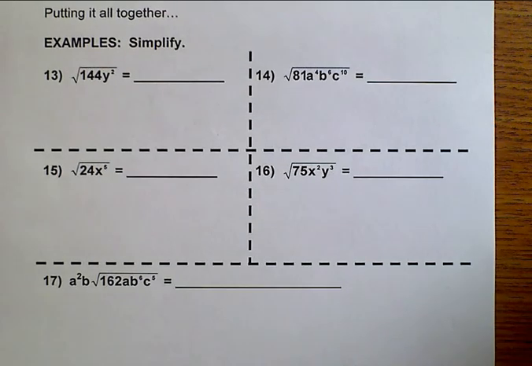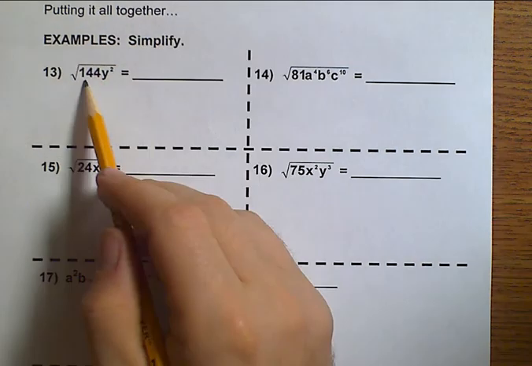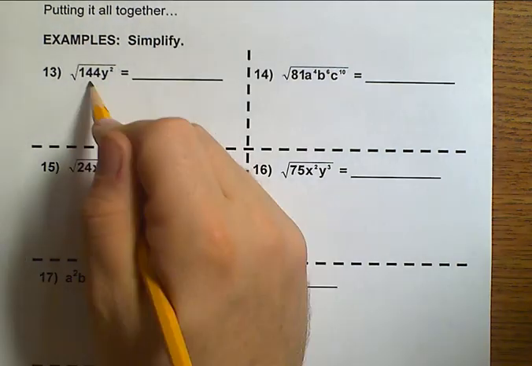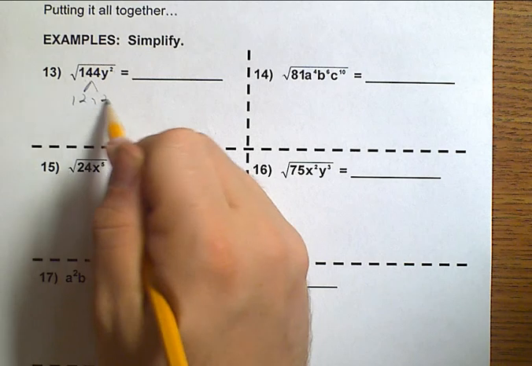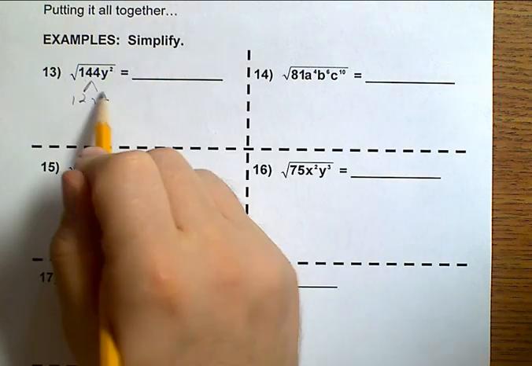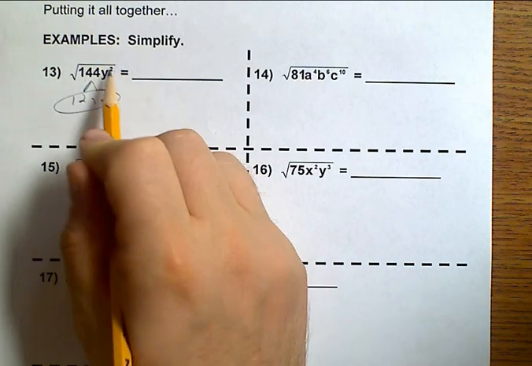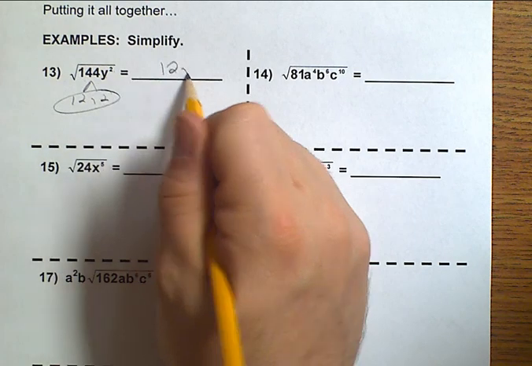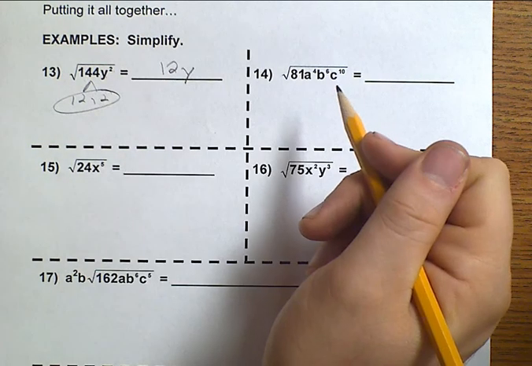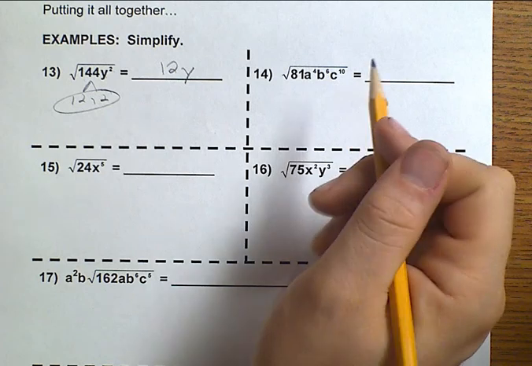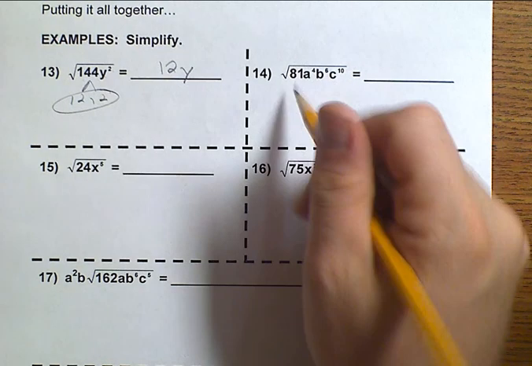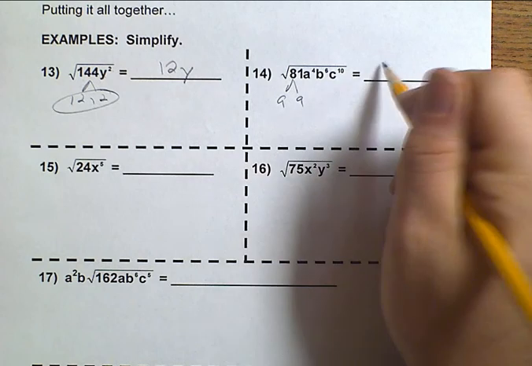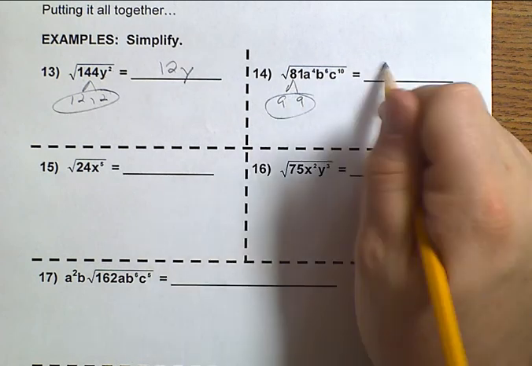So here, 144 y squared. Well, I know 144 is 12 times 12. There's a pair of 12s. Y squared, a single y comes out, and there's nothing left in the square root. Look over here, 81. Well, that's 9 and 9. So 9 comes out.